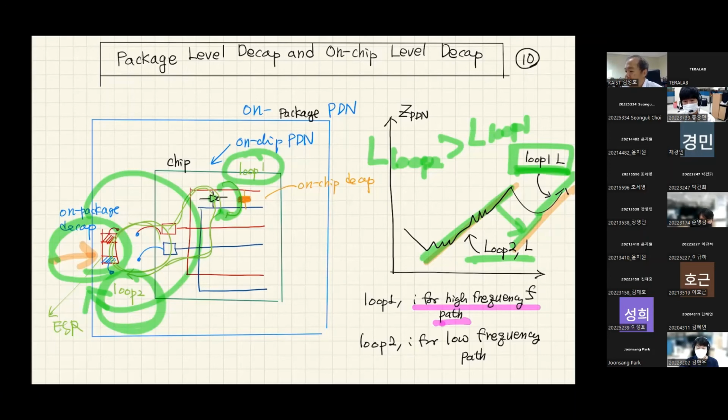The off-chip decoupling capacitor has large capacitance, but because of inductance, we're going to have increasing inductance. In the case of on-chip, you have certain on-chip capacitance, but eventually inductance will increase. So depending on frequency range, you're going to have different loop inductance.